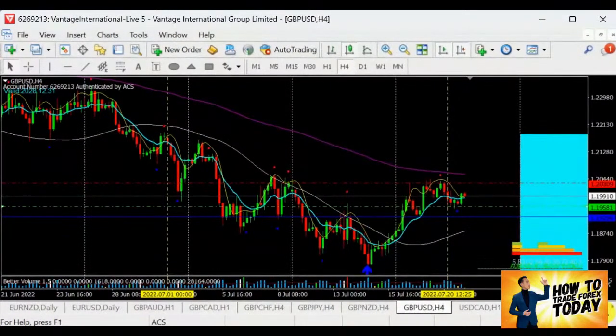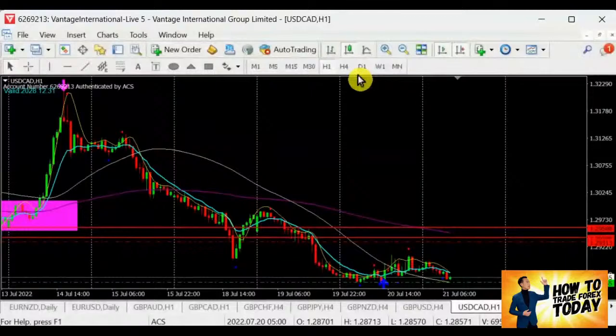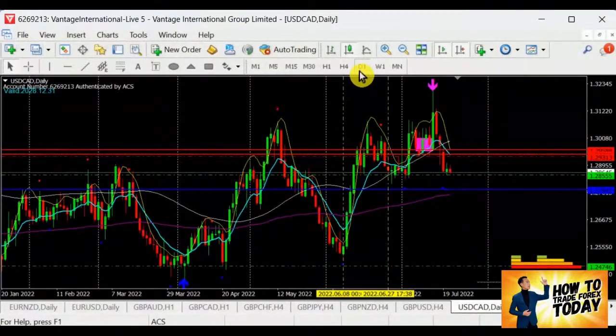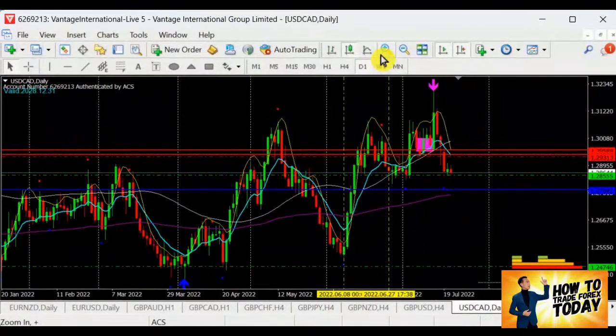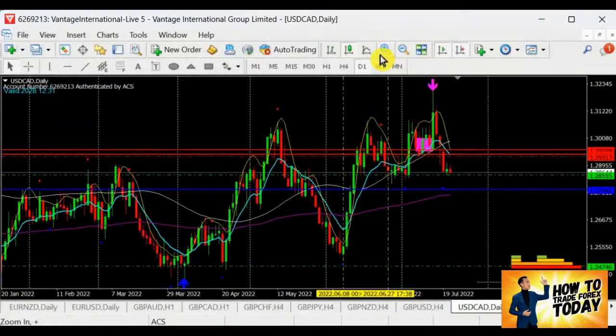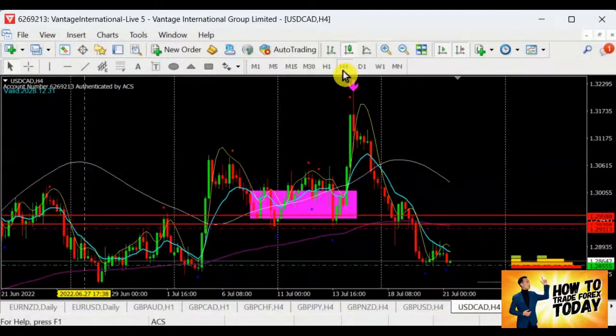Okay, next to go, dollar CAD. Let's take a look at dollar CAD. Well, tentatively, by looking at this point here, are we into a selling? Right, let's take a look. Okay, yes, we are already in the selling.